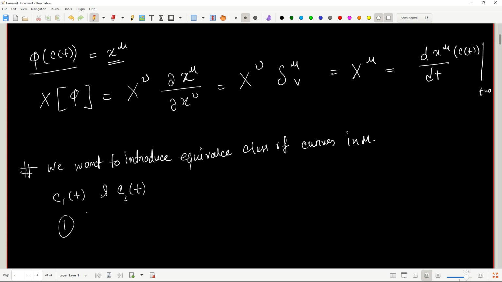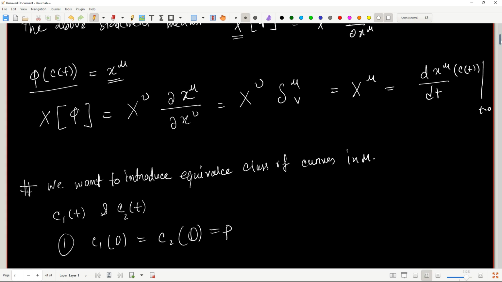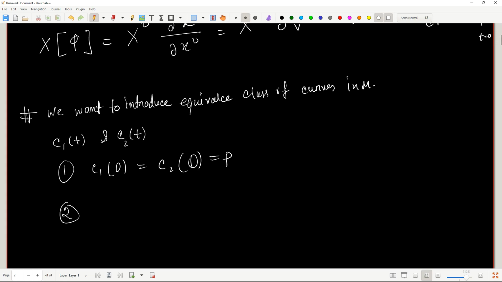The condition number 1 is that C1 of 0 equals C2 of 0 equals P. Then point 2 is that at this point the derivatives of both curves will agree.